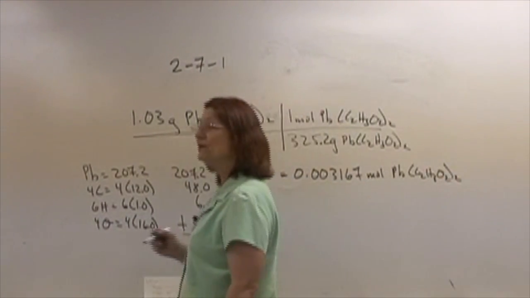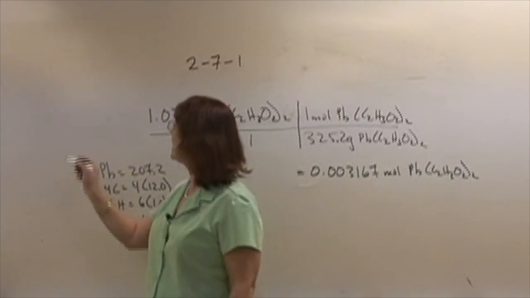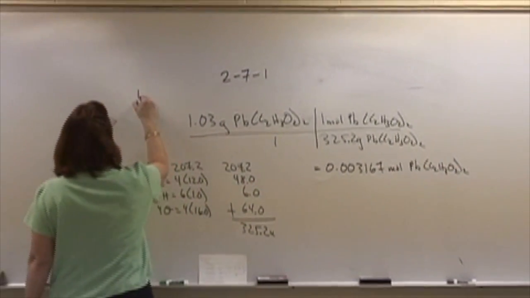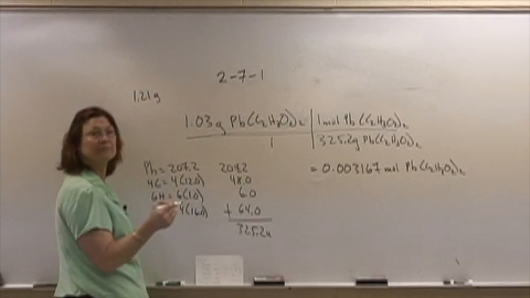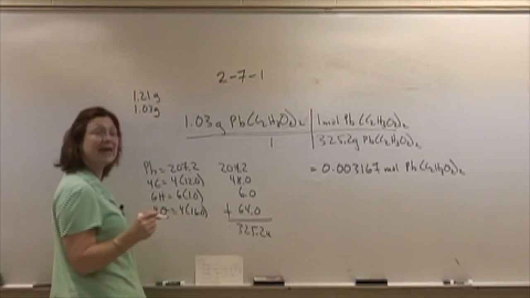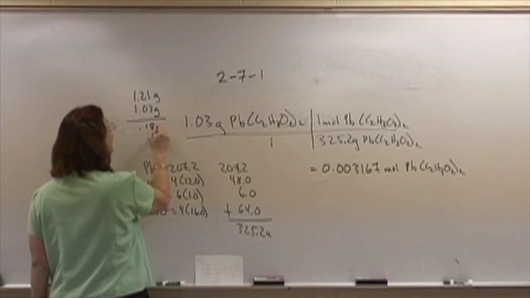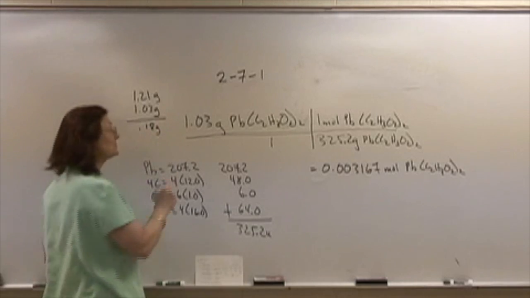Now, at this point, I need to figure out how much water I have. Well, it told me in the problem that I had a sample that was 1.21 grams. And also that I had 1.03 grams of the anhydrous compound. Therefore, that is remaining 0.18 grams of water.